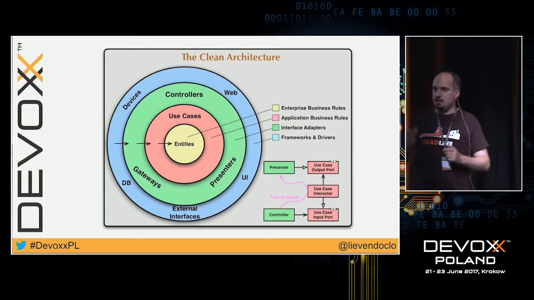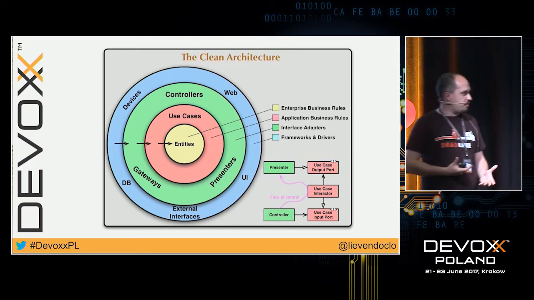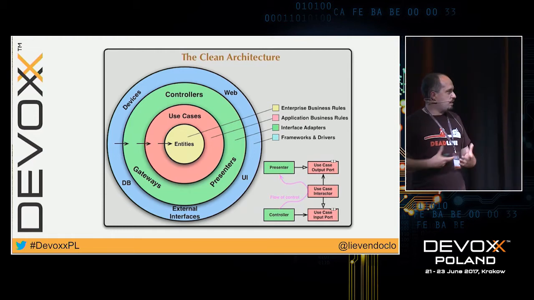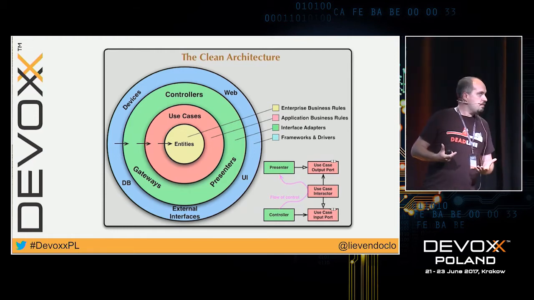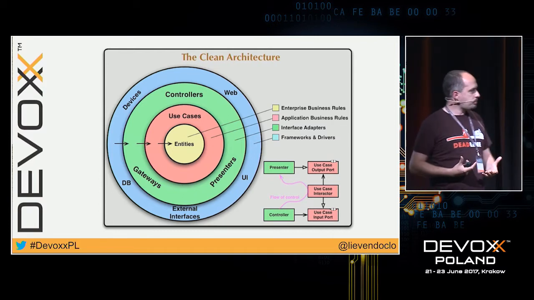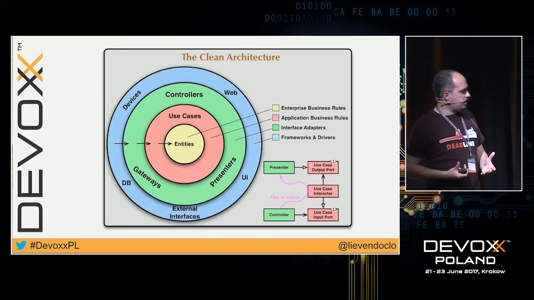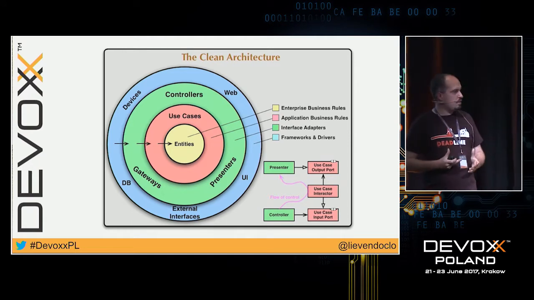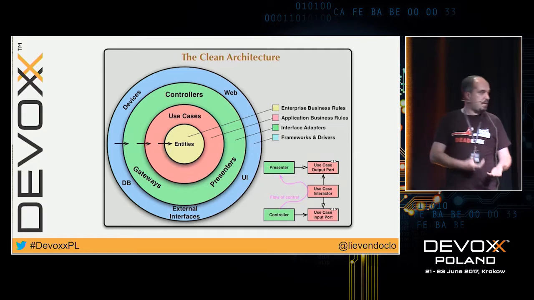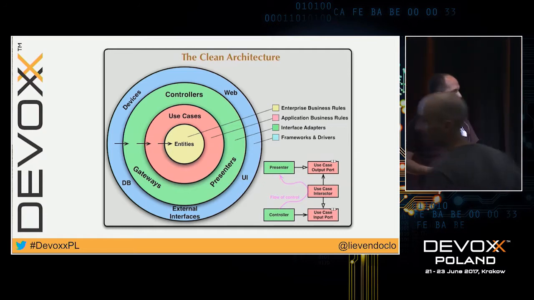So what is clean architecture? This is the drawing that Uncle Bob used in his initial article. It looks a lot like an onion, which it is. In the inner layer, you've got your entities, which is your domain logic. On the layer around that, you've got your use cases, which communicate the business capabilities of your system.